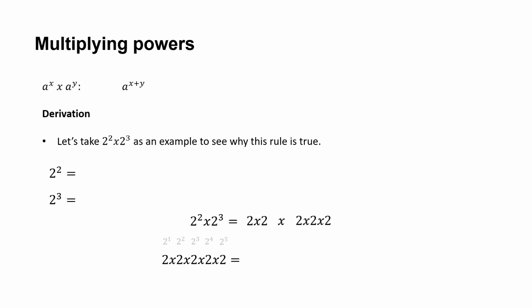We can see that this gives us 2 times 2 times 2 times 2 times 2. And simply by counting up, we can see that this is 2 to the power of 5. So this clearly implies that the rule, when we're multiplying powers, is that we're going to add the exponents. So we can see we add the 2 and the 3 to get 5.